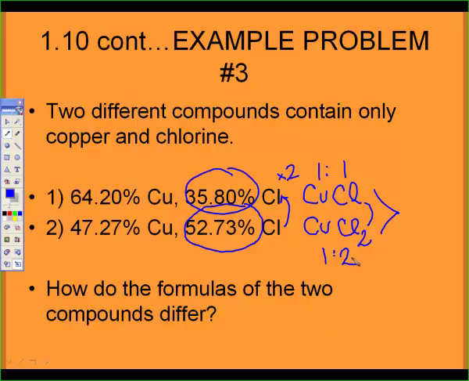Okay, so my chlorine is represented 2 times as much in this as in compound 1. So like I said, please just give it a try. I don't expect that you're going to understand it 100% the first time you go through that, but give it a try, and we'll talk about it on Monday.